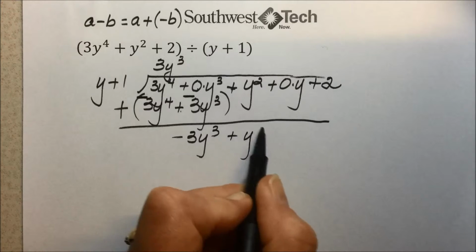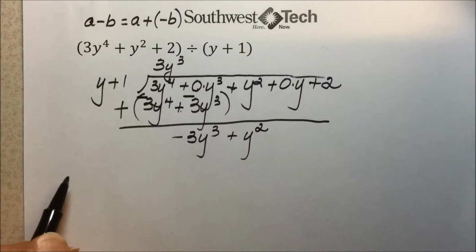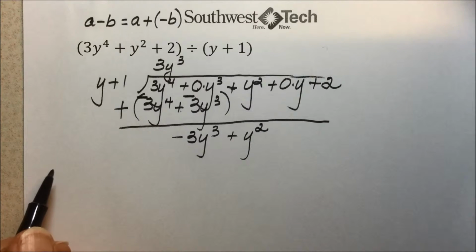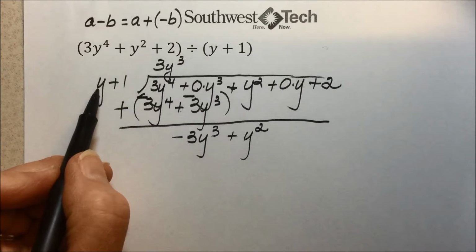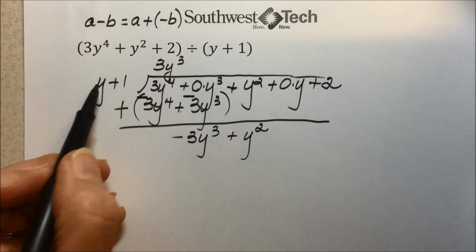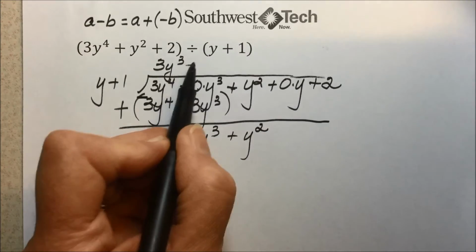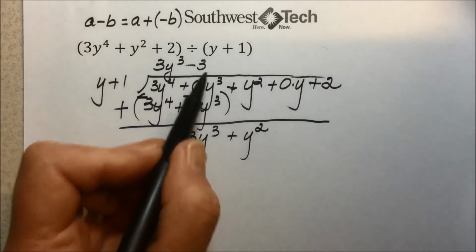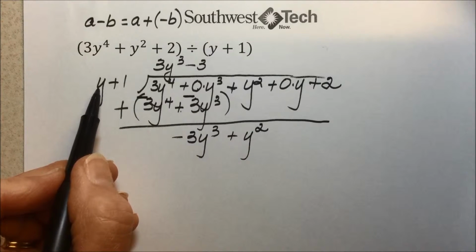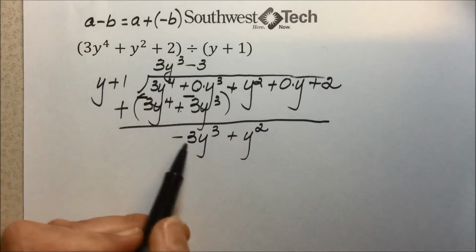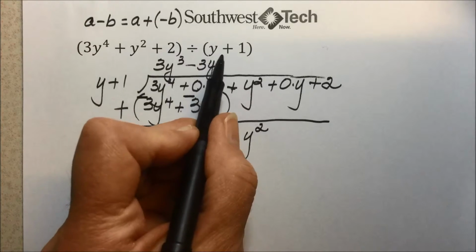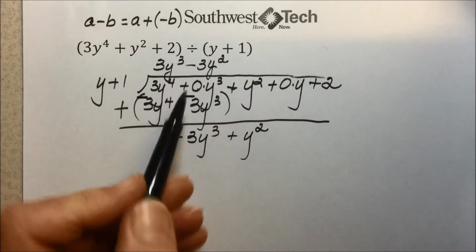And just like in long division in arithmetic, we bring down the next term. We go back to our divisor. What times y gives you negative 3y to the third? Well, we'll need a coefficient or a multiple of negative 3, and to get our y to the third power, we will have to have a y to the second power.